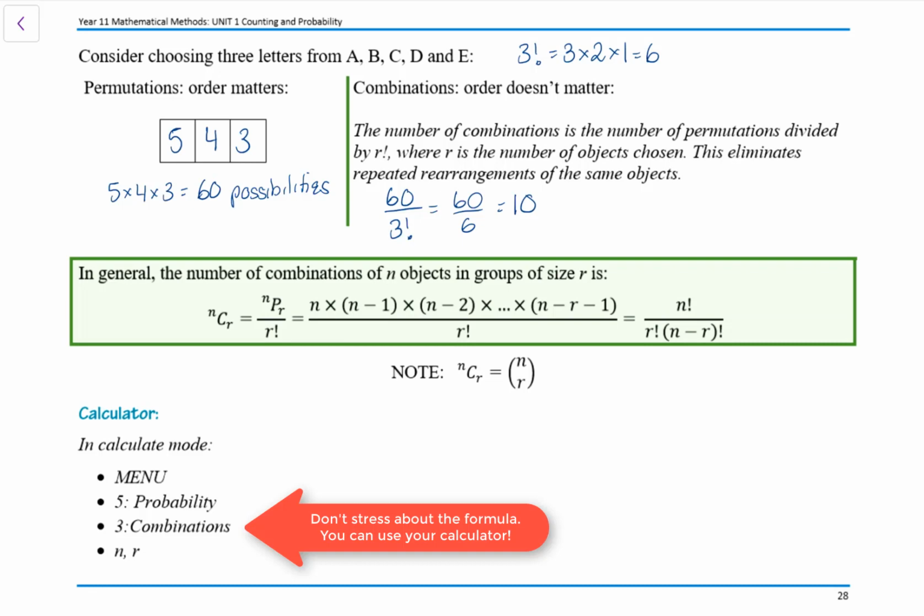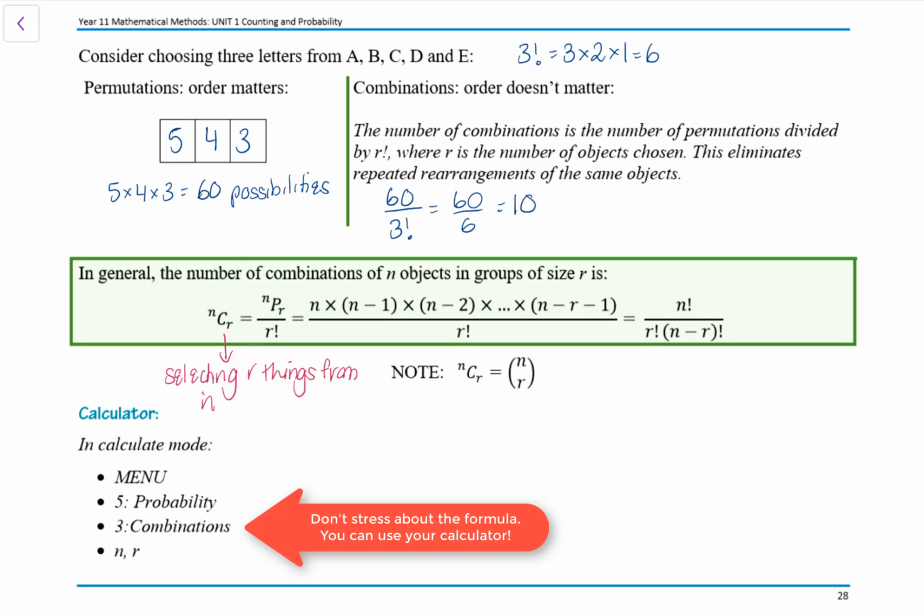Now in general, the number of combinations of n objects in groups of size R is what we say is nCr. From n things, we are selecting R things.